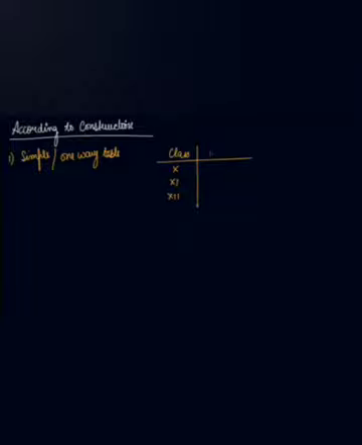Now according to construction, again your tables are divided into two parts. Number one is your simple or one-way table. See, a simple table is that which shows only one characteristic of a data, which means the classes, that is 10th, 11th, 12th, and the number of students.